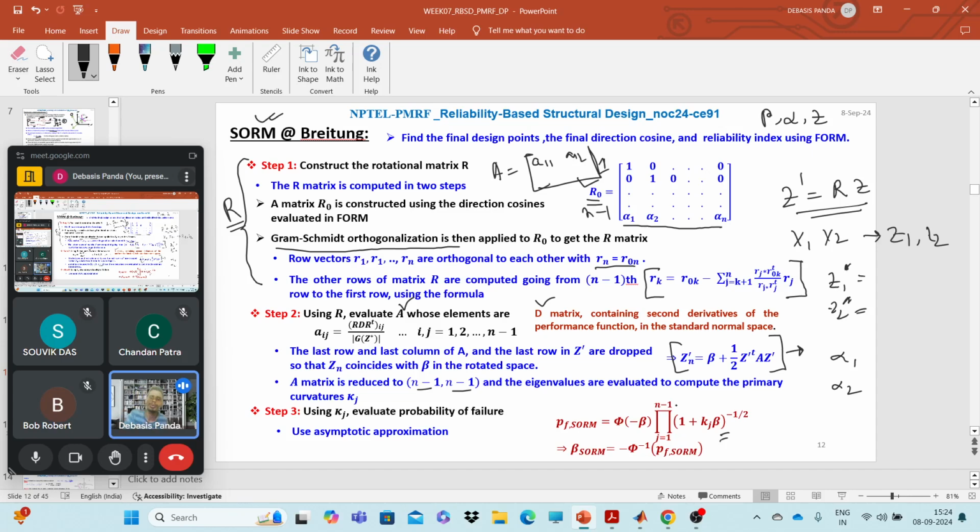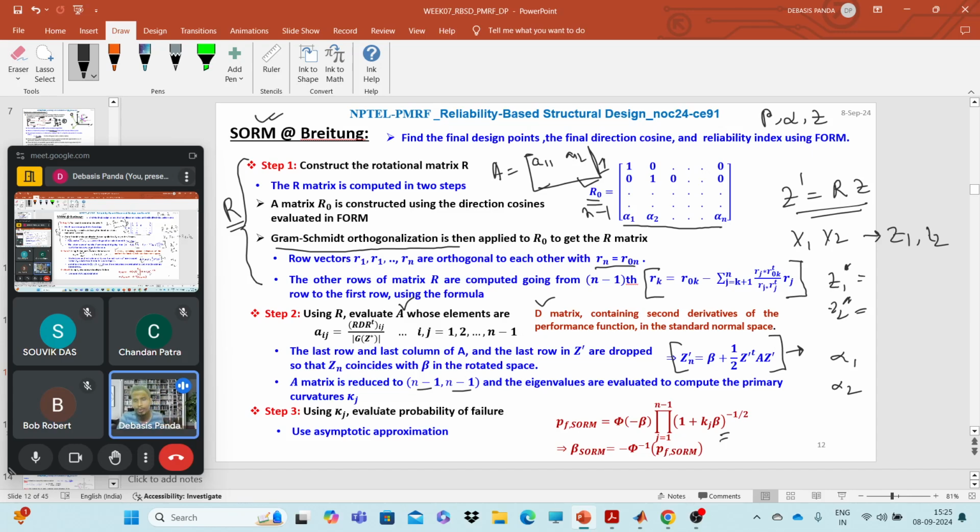The remaining A matrix will be used to find the principal curvatures, or the kappa values. If we do the eigen operation on the remaining A matrix, the eigenvalues will be the kappa values: kappa 1, kappa 2, and so on. If we have a bigger matrix, we will have more numbers.